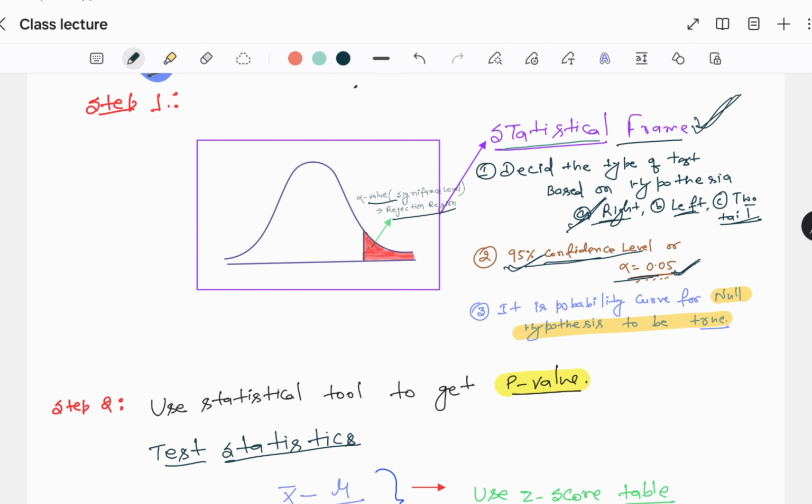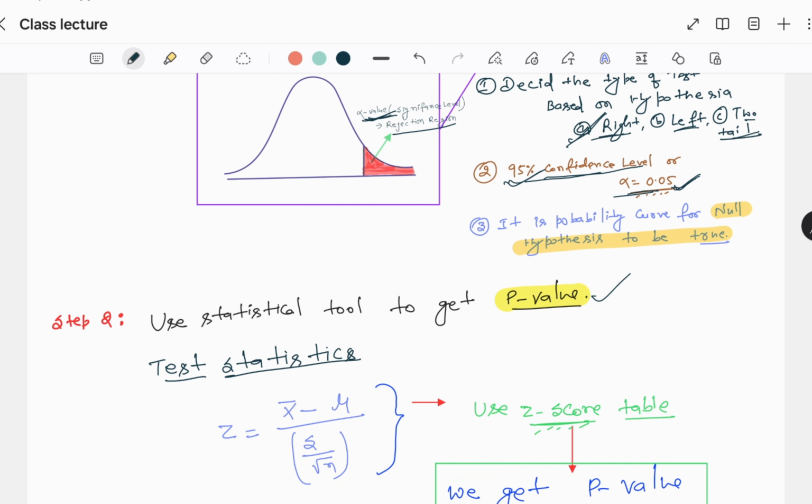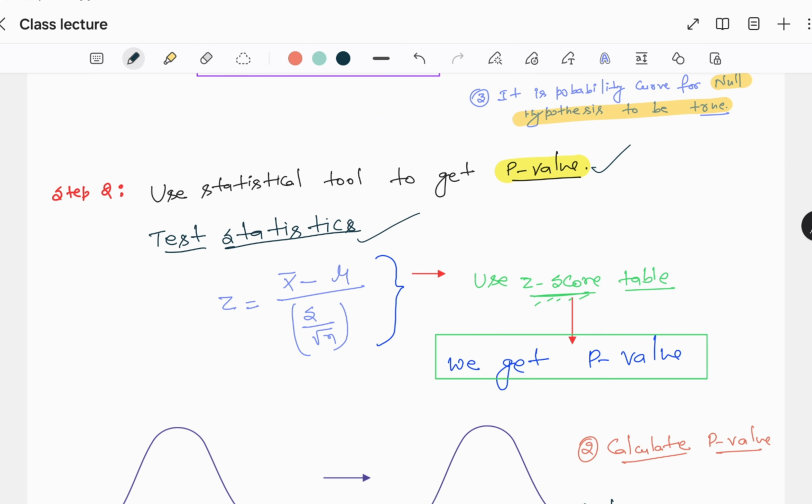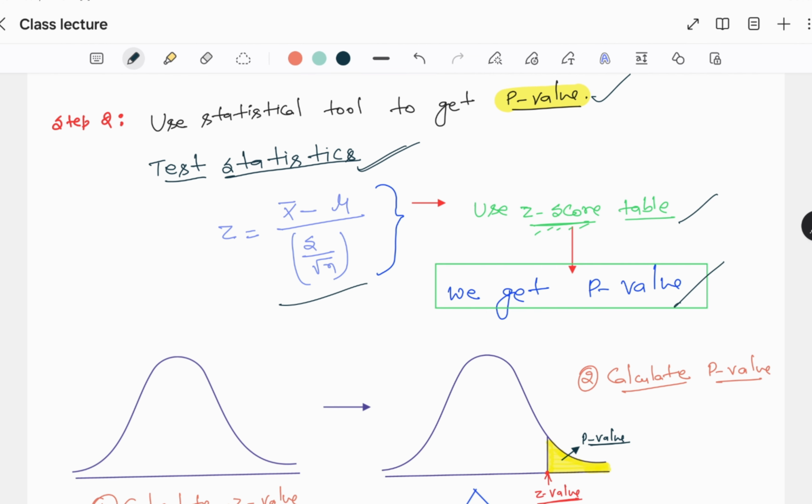Now we have our data, we have the statistical tool, and we have decided the alpha value from the framework. Now we need to calculate the p-value. We have discussed the p-value a lot in the previous video, you can watch there. So how will we calculate the p-value? Using the test statistic. We will calculate the Z, and from the Z score table we will get the p-value.